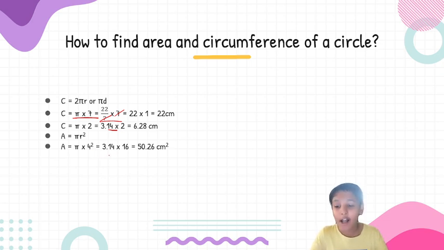So our answer will be 3.14 times 16. Now you can use any pi value. It can be 3.14 or it can be 22 by 7. In this case I've used 3.14. And after we calculate that, we get 50.26 centimeters squared.